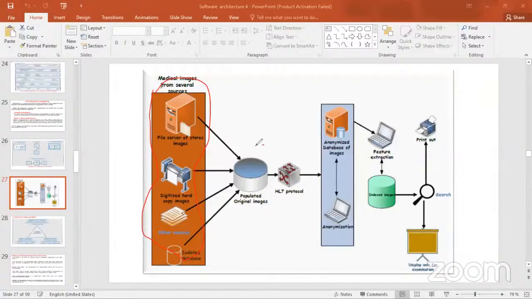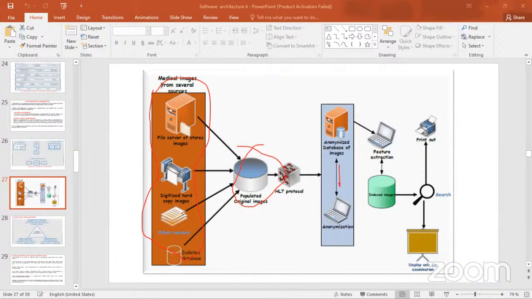So these images can now be populated in a database. Then they are passed through the HL7 protocol. Then the anonymization process: anonymize the database of images, then you store this data as anonymized. If you look at this relationship, it's a dual or bi-directional relationship.